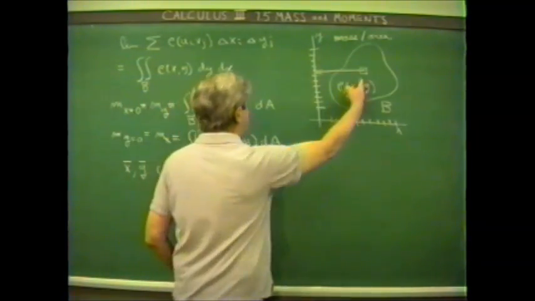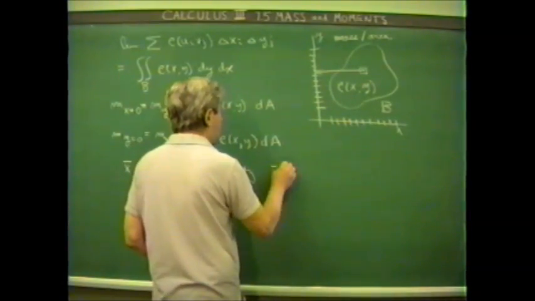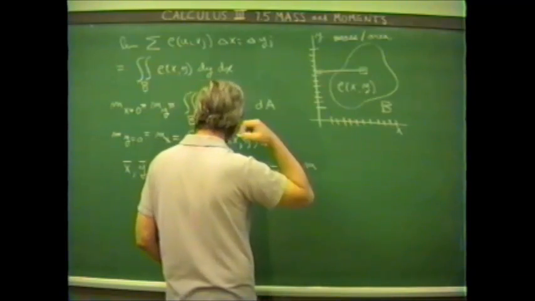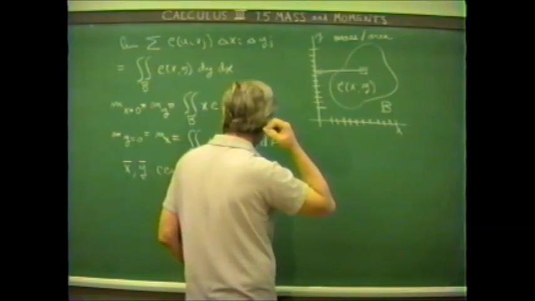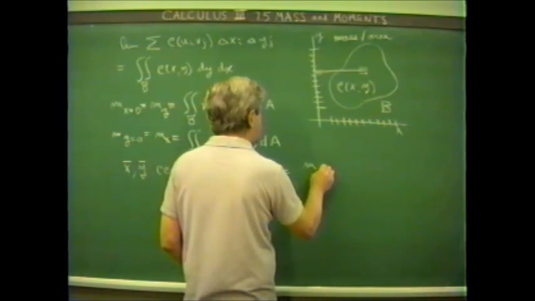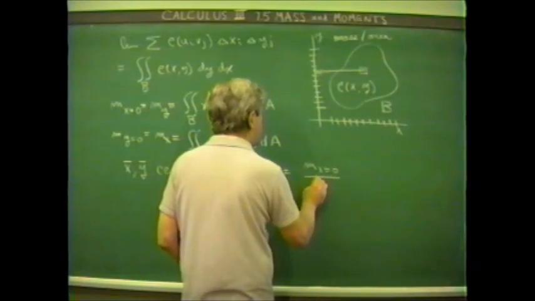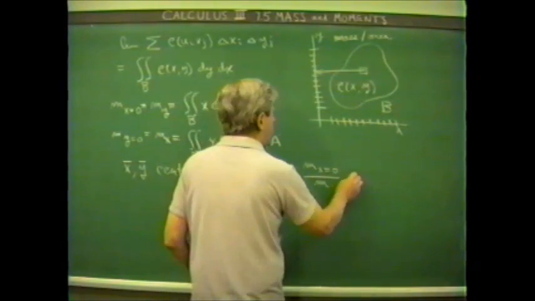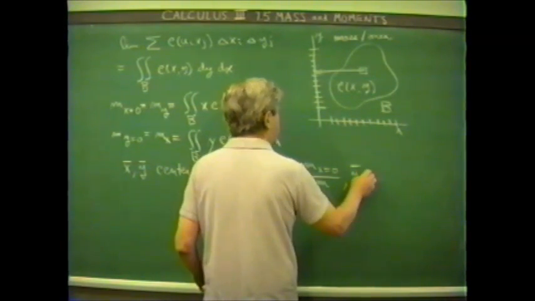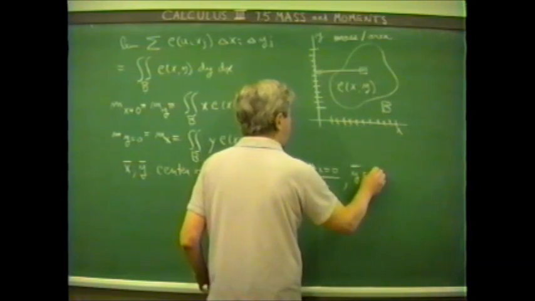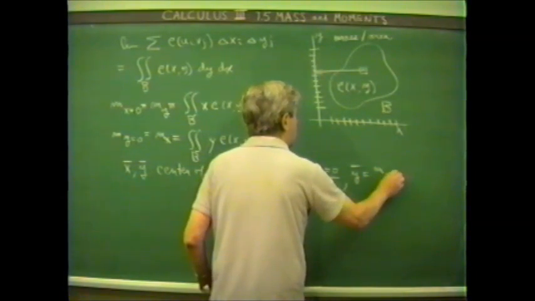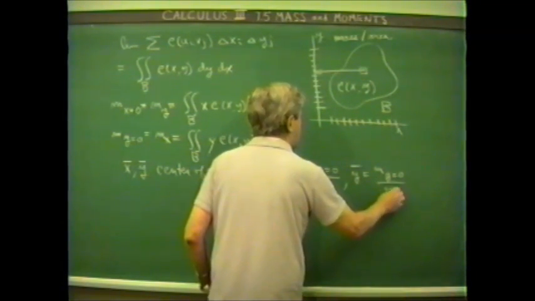This is the point where the region will balance. X bar is given by the moment about the y-axis, about x equals 0, divided by the total mass. Y bar is given by the moment about the x-axis, divided by the total mass.